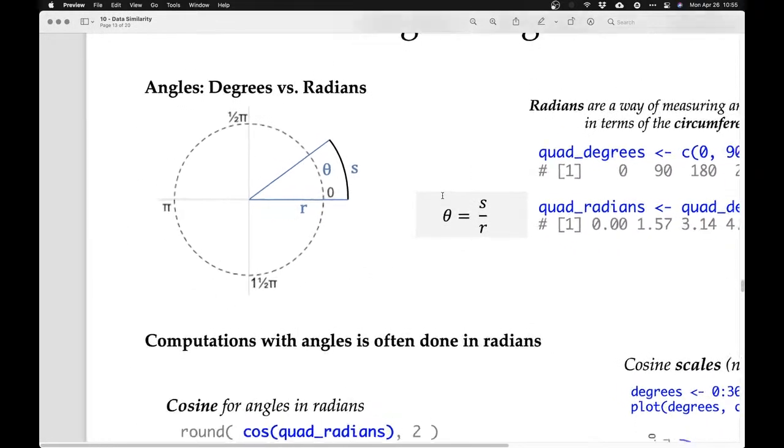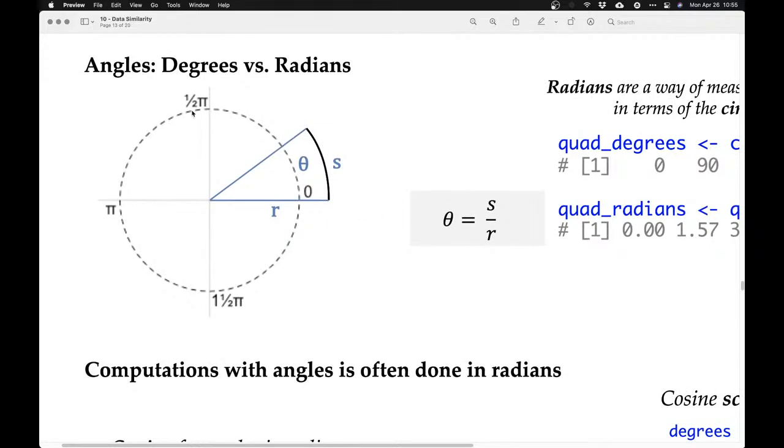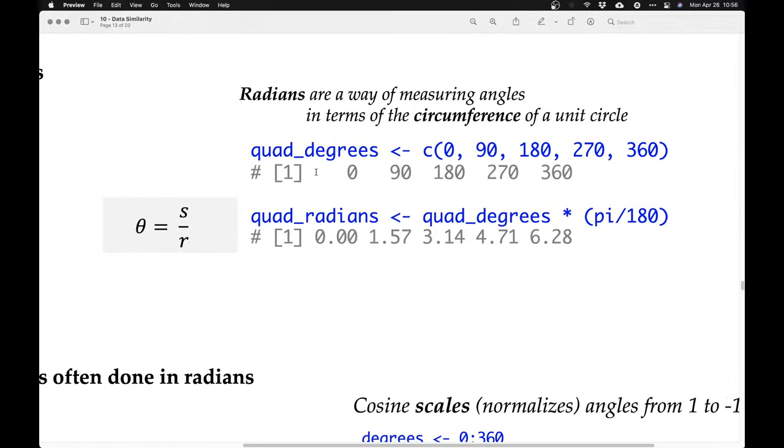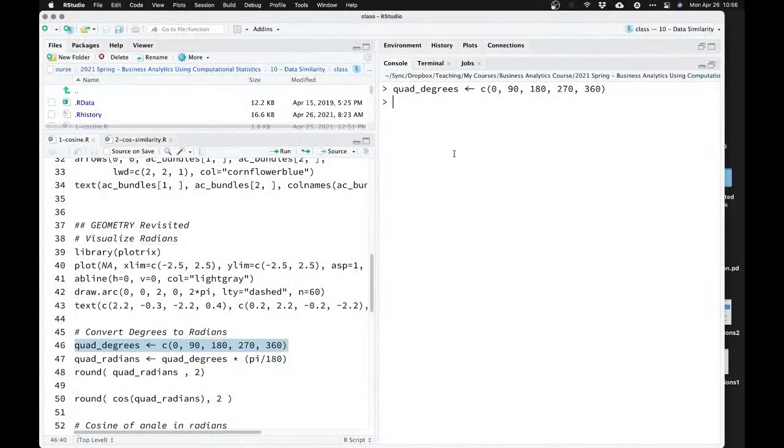Half a pi gets you 90 degrees, pi gets you 180 degrees, 1.5 pi gets you 270 degrees, and 2 pi is 360 degrees. And you can use this to easily convert between degrees and radians.